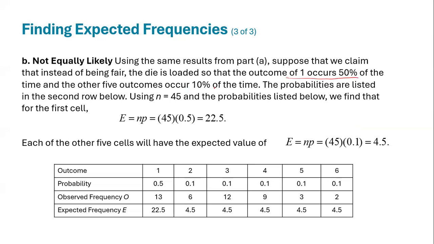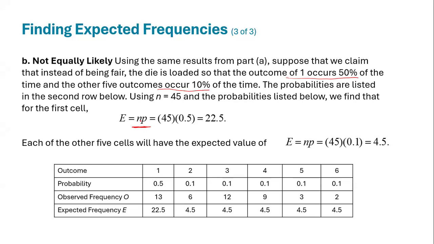So you see that the expected frequencies are not the same for all categories. So we need to find the expected frequency for each category by multiplying the probability of that category by n, which is the sample size.